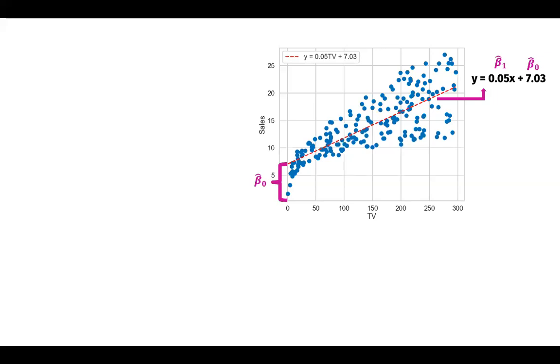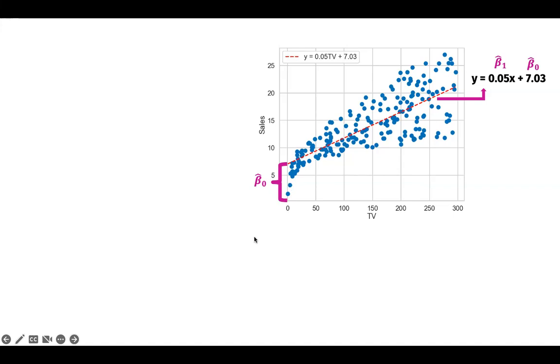So suppose we have this plot. This is simply a plot of the TV versus the sales. As we increase the advertising budget for the TV, we can see that the sales is also increasing. And we can see here that with the addition of the beta naught, or the bias, there is an additional value here.